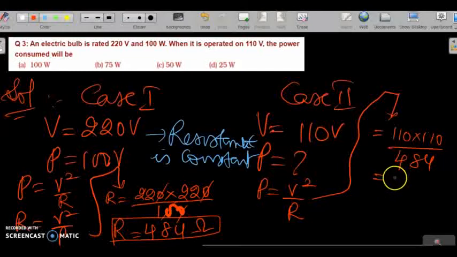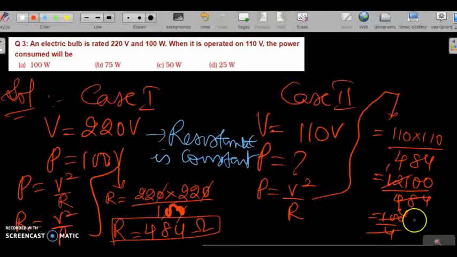That is 121 followed by 2 zeros divided by 484. 121 once, and that becomes 4. So that will be 100 divided by 4. That is equal to 25 watt. Therefore, power is 25 watt.